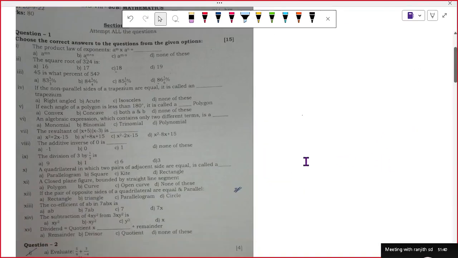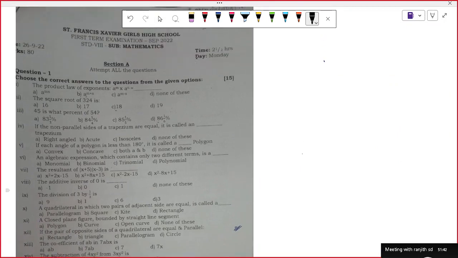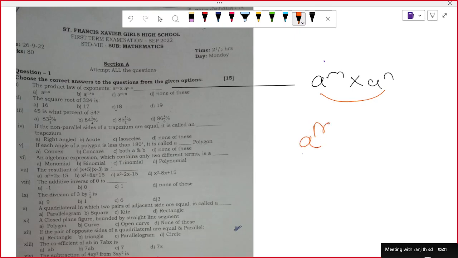Okay, we'll start solving this. What's the first answer, students? Which chapter is this? Exponents, sir. There is multiplication in between, so which law do we apply for multiplication? The product law. And the base is the same. So take the base common. For the product law, we add m plus n.